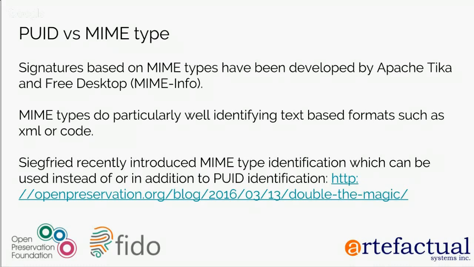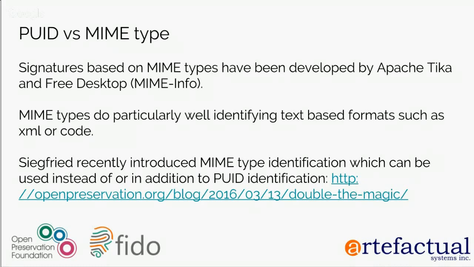But Siegfried recently introduced MIME type identification, which its developer, Richard Lehane, wrote a blog post about, linked on the slide here, on the OPF blog. And by using MIME types and PUID or PRONOM identifiers, you're really getting double the magic, because you get little impact on performance, but you can identify using both.